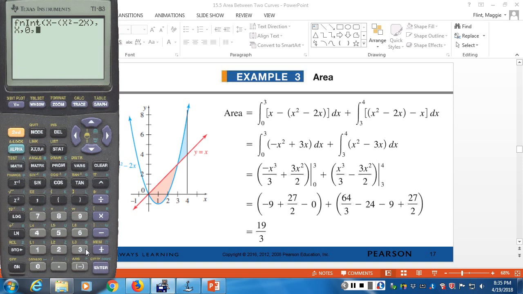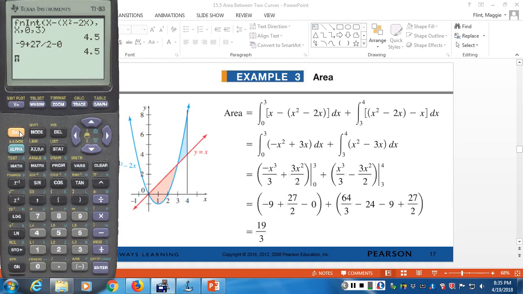Yeah, 3. And it says that's 4.5. Now, if we want to be sure that's right, that should be this part of the integral. And that's 4.5. Okay? So this part of it matches.